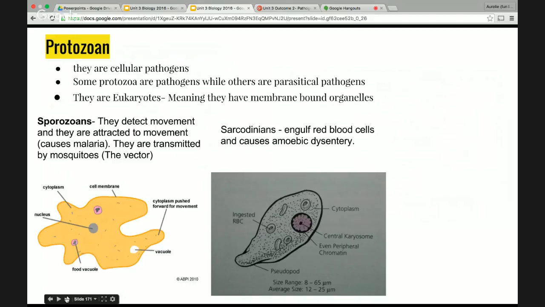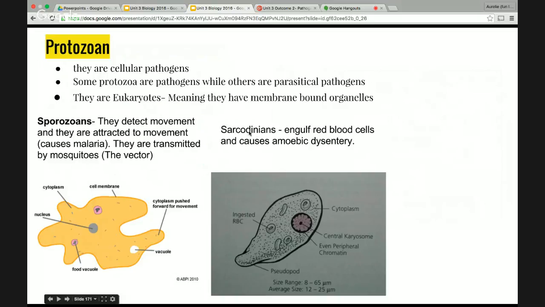They can detect movement and they are attracted to movement. That's basically what causes malaria. And they are transmitted by mosquitoes, which is the vector. That's what they look like there. They detect movement, which is probably how they enter the mosquito in the first place, because they can sense movement and get attracted to it, and then they just infect the mosquito.